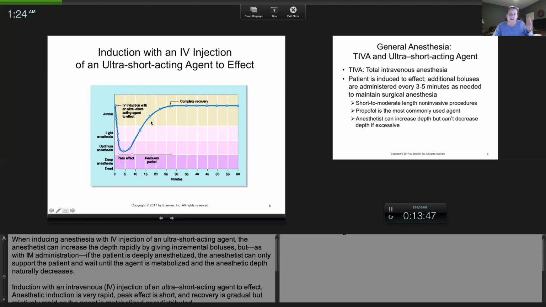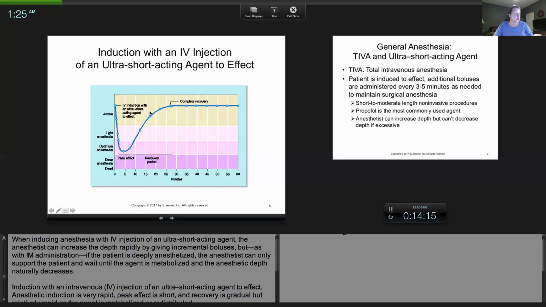What is not on this chart is usually right about here, you're going to intubate. So do you see as your injection wore off, your inhalant would keep you in this pink range. That would be you intubating, turning on the isoflurane. So right now you have peak, and then it wears off, and then they're going to wake up.